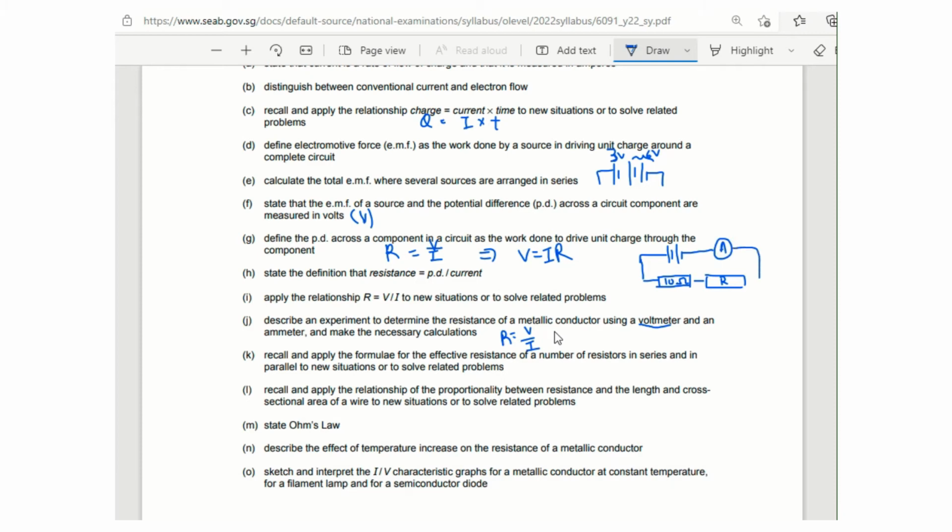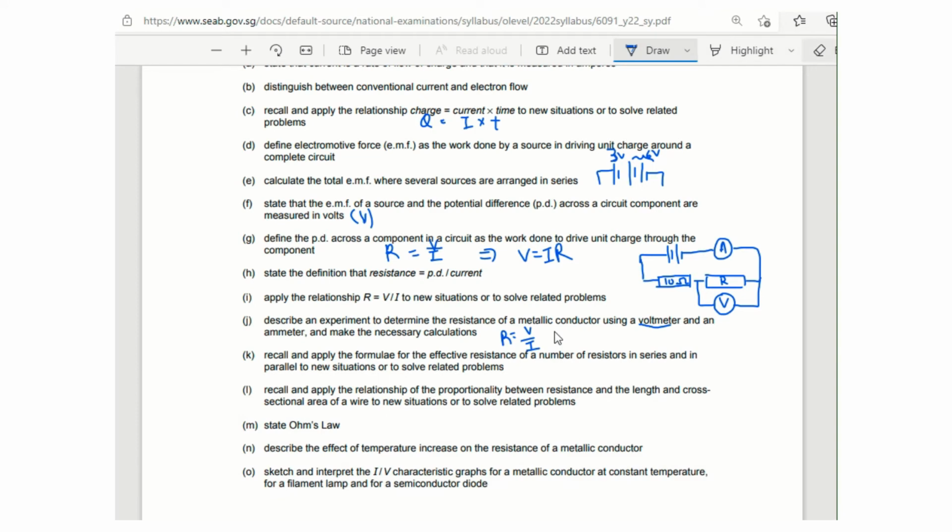So this is the symbol for ammeter. If this is the metallic conductor whose resistance we want to measure, I'll place a voltmeter across it. I'll take the ammeter reading and the voltmeter reading and take V divided by I to find the resistance of this.